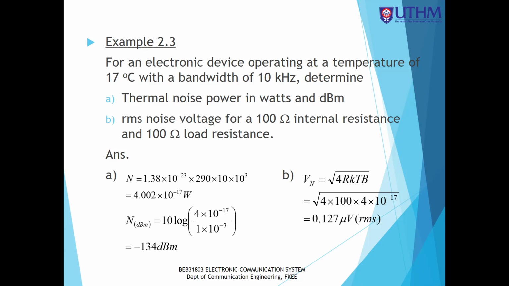Example 2.3. For an electronic device operating at a temperature of 17 degrees Celsius with a bandwidth of 10 kilohertz, determine the thermal noise power in watts and dBm.